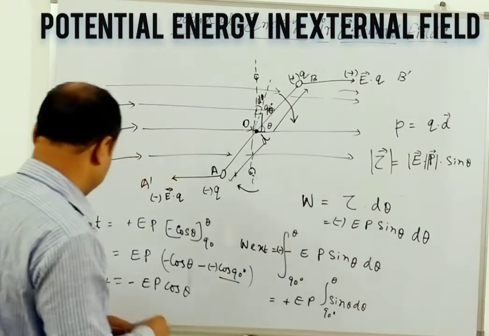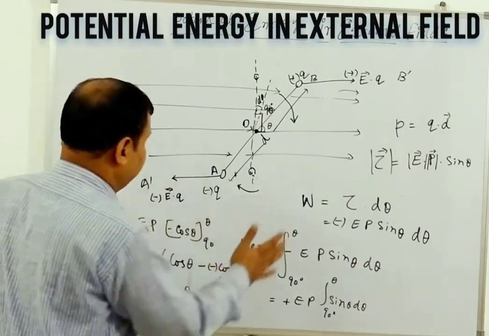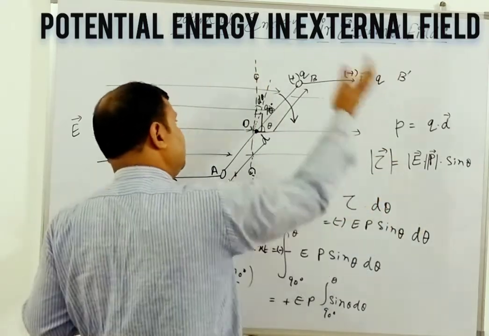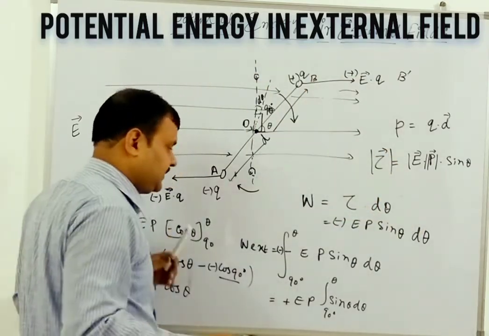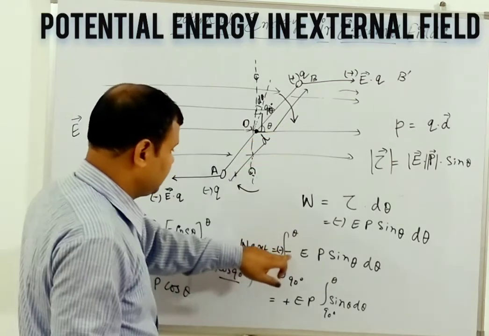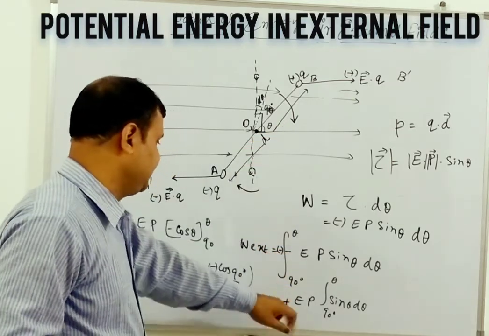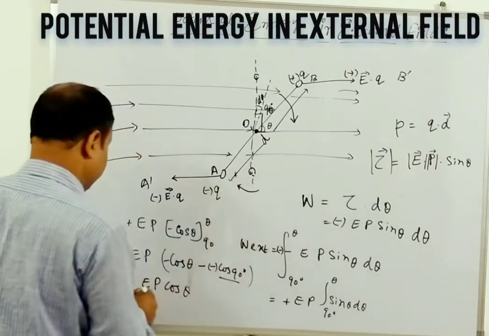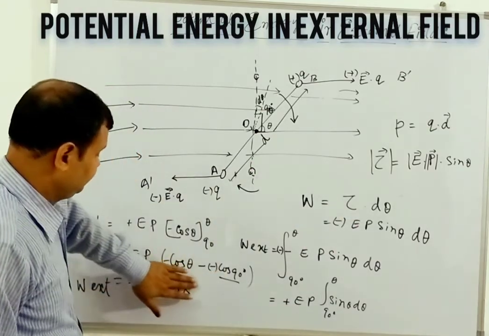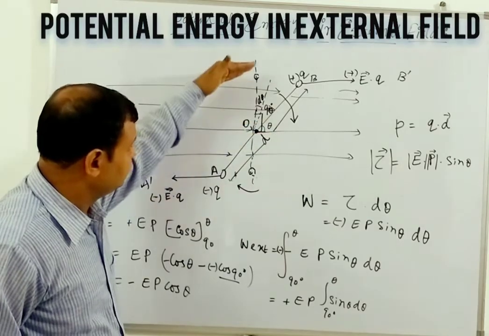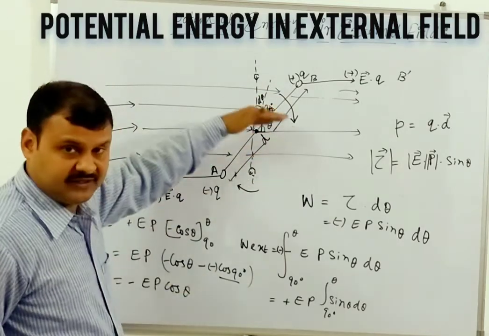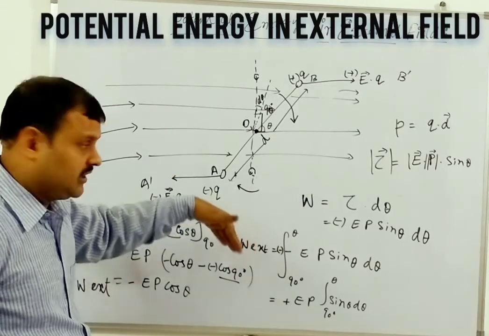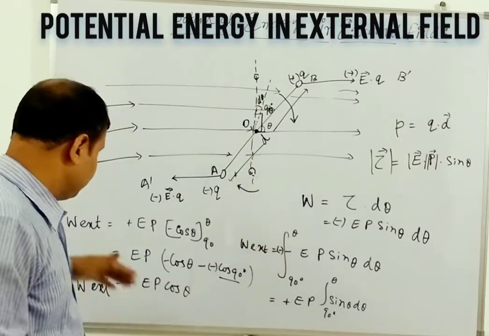So W external, the external work needed to balance tau moving in this direction, is positive work of the negative tau work. But due to theta, W external will be negative of EP cos theta, because as theta increases, the amount of external work needed is less.